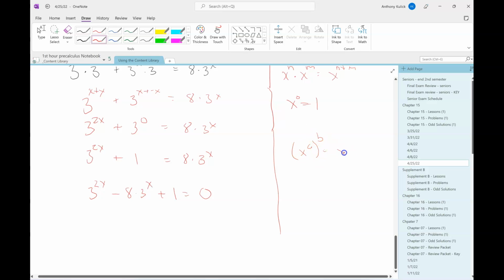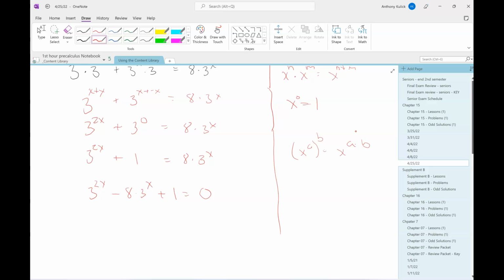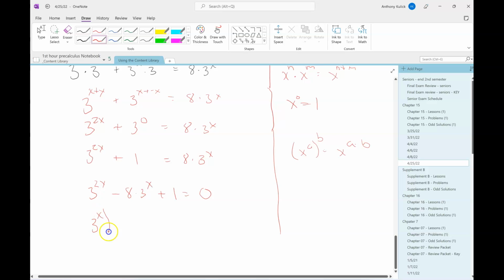3 to the x that's squared. So remember this property of exponents, the exponent of an exponent property. x to the a to the b is x to the a times b. So I can think about this as 3 to the x, squared.